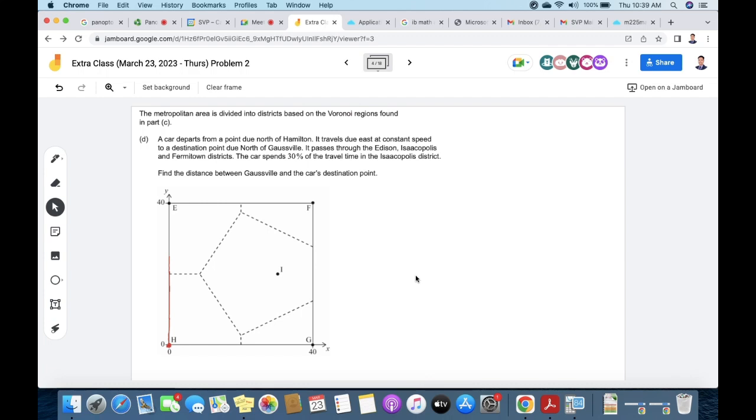E first, then I, then F. So if I stop here, for example, and from here I head to the east, first I am passing by E. Get it?